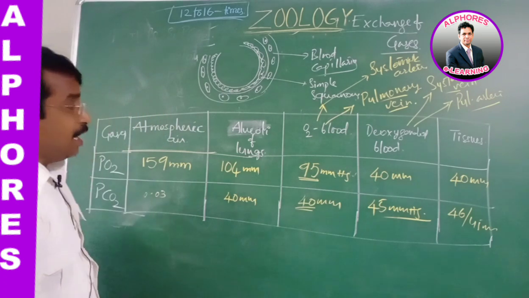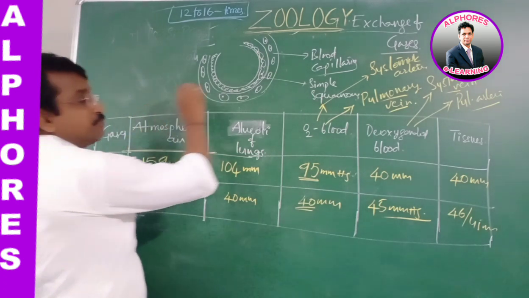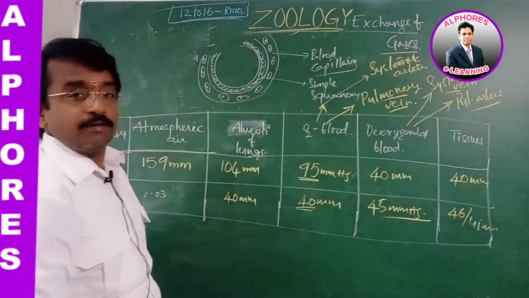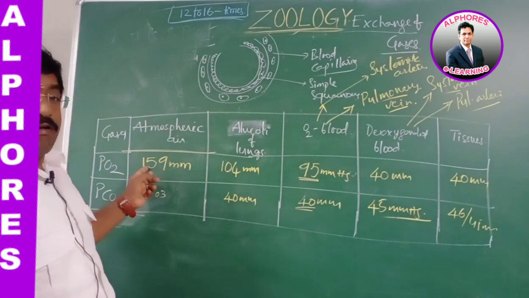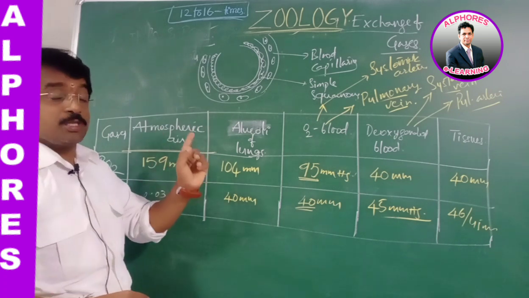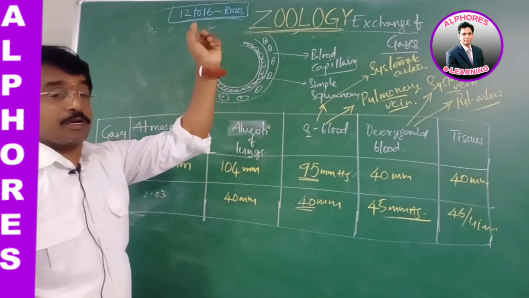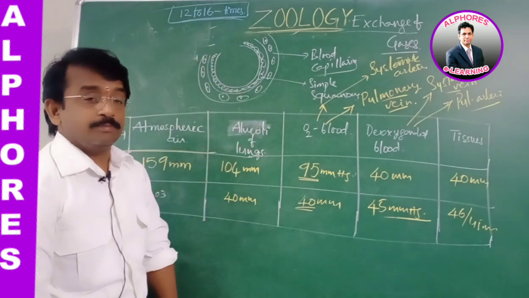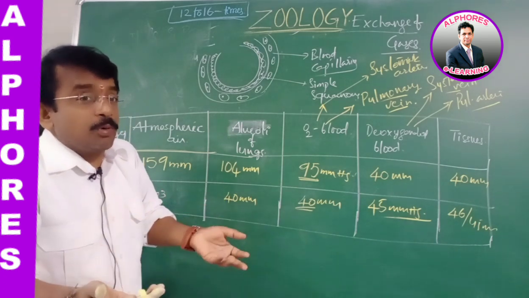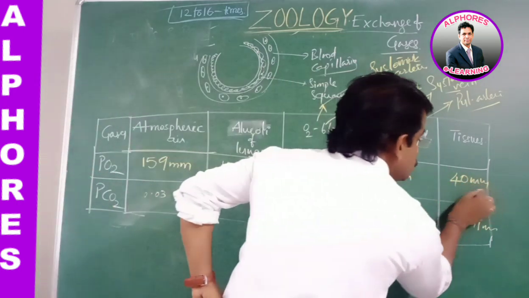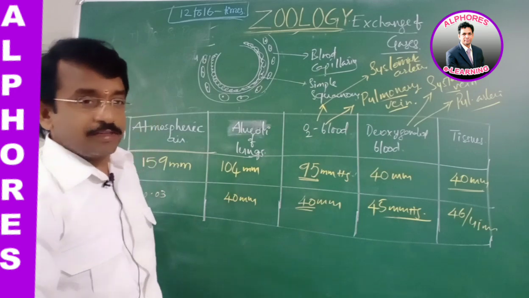Now, the exchange of gases. It travels from the atmospheric air to the tissues. Atmospheric air is 159, and gases always diffuse from higher partial pressure to lower partial pressure. Lower partial pressure indicates the demand is more. So at tissues, the oxygen partial pressure is low, so oxygen is supplied.